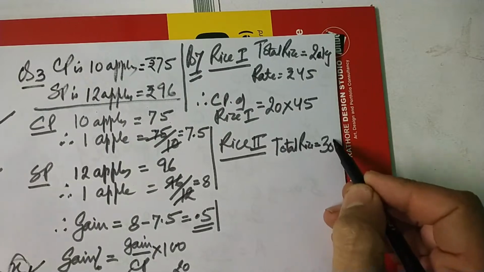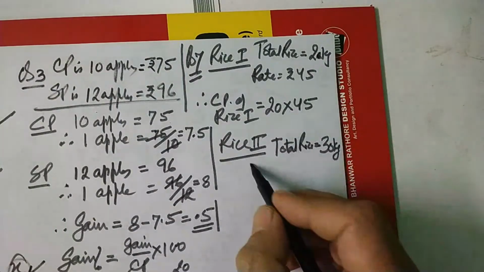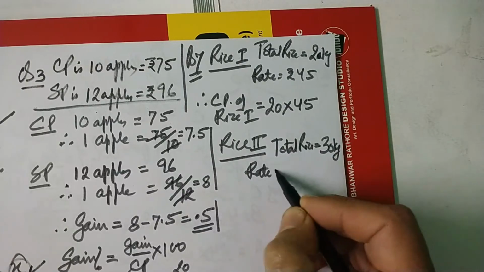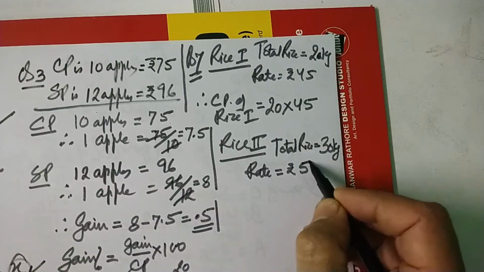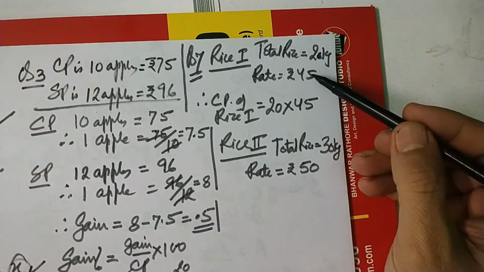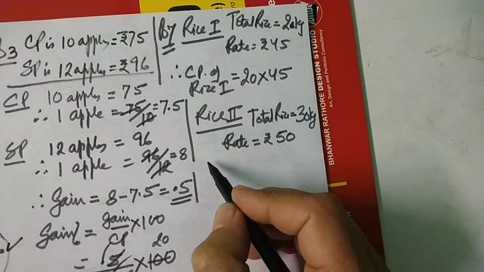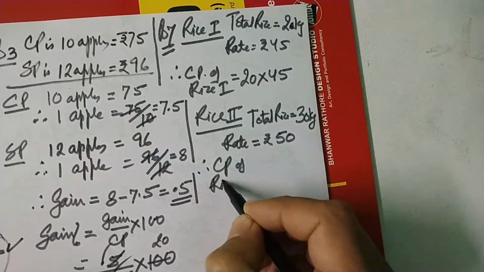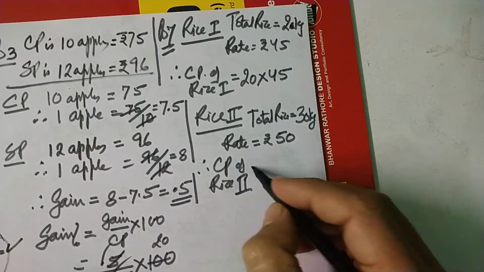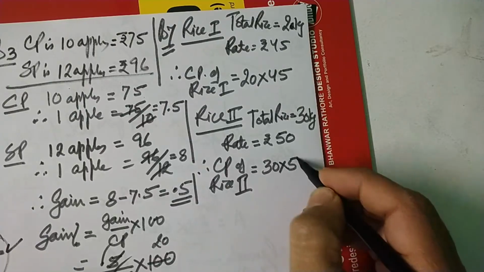The second type is 30 kg and its rate is rupees 50. For 1 kg this was 45, for 1 kg this is 50. So what is the cost price of the second type of rice? It is 30 into 50.